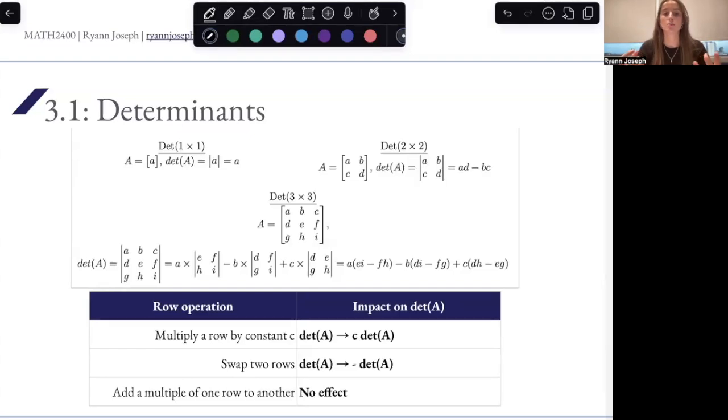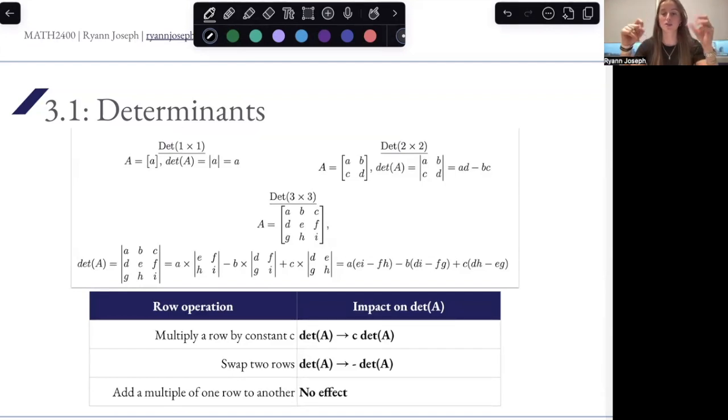So here is an example of how we calculate the determinant, kind of scaling up for it. The determinant of a 1 by 1 is kind of the arbitrary case, I guess, which we never talked about in this class, but I just wanted to cover all bases. Determinants are also denoted with straight lines instead of brackets.